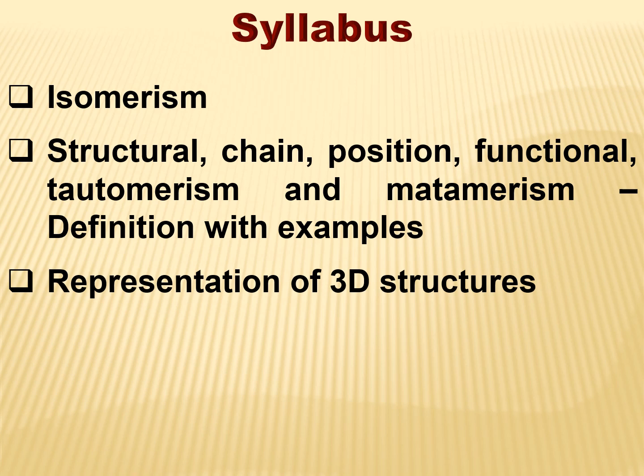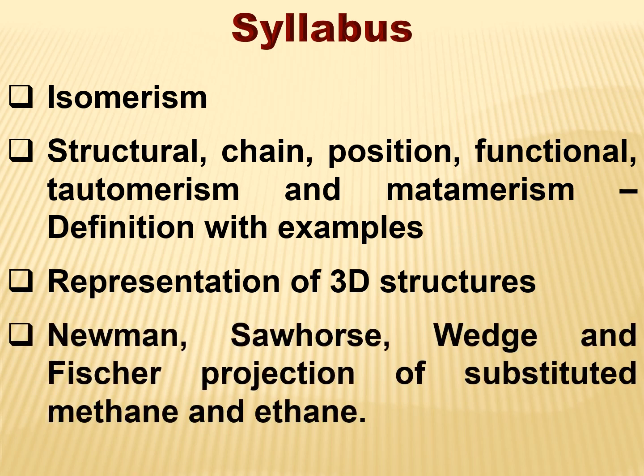So there are four methods to represent three-dimensional structures, namely Newman, Sawhorse, wedge and Fisher projections. So we will take substituted methane and substituted ethane as an example, and we can see how we can draw these structures.